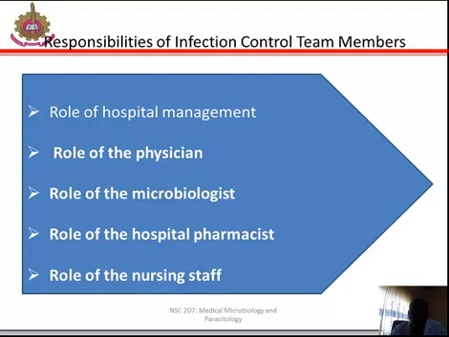Physicians are there, microbiologists are there too, and what they do is to take the sample of that individual to see whether he has been infected or not, and they keep on doing this serially until they are sure that this infection has not entered that individual.